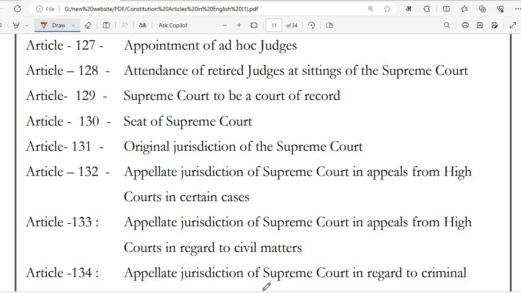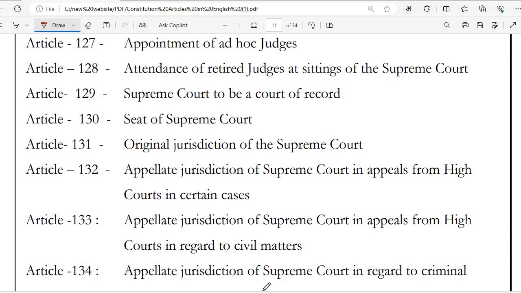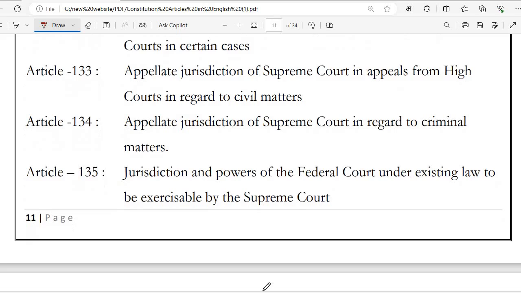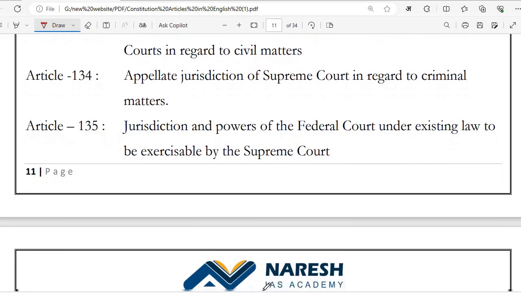Article 132, appellate jurisdiction of the Supreme Court, appeals from the High Court in certain cases. 133, appellate jurisdiction, appeals from High Courts in civil matters. And Article 134, appeal from High Court in criminal matters.